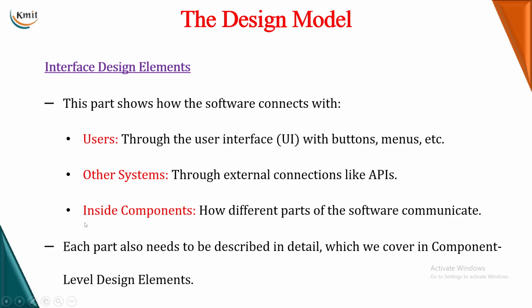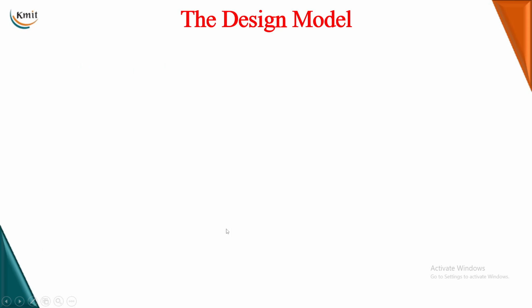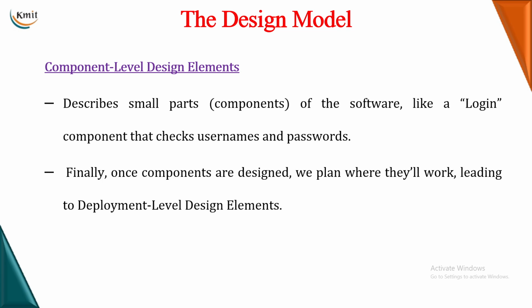The third one you have is internal components. This talks about how my software is interacting with the internal parts of the software, and how they are interacting with each other. That is called the interface design. The next element you have in your design model is the component level design. Component level design talks about the smaller parts of the software in detail.